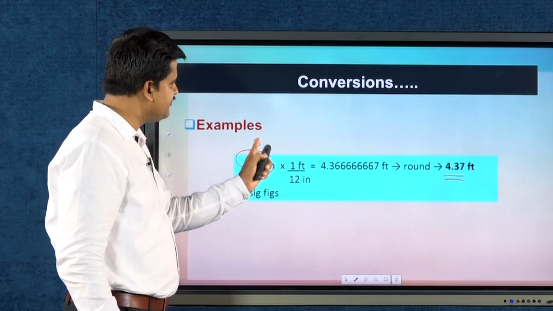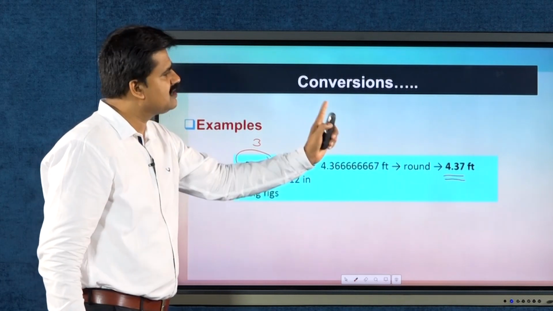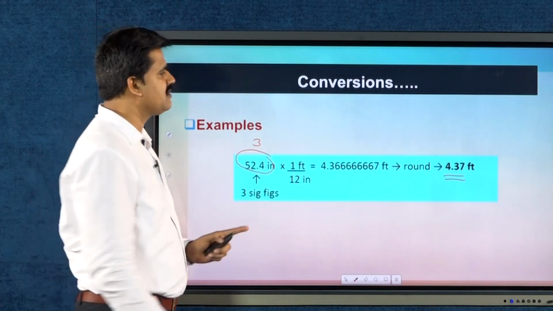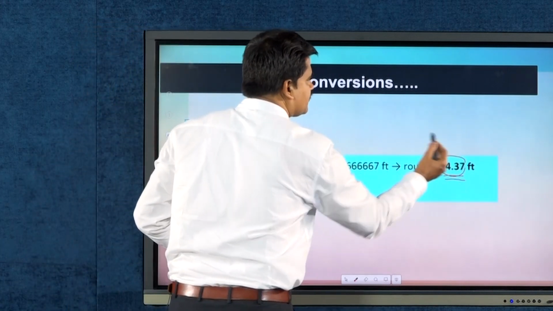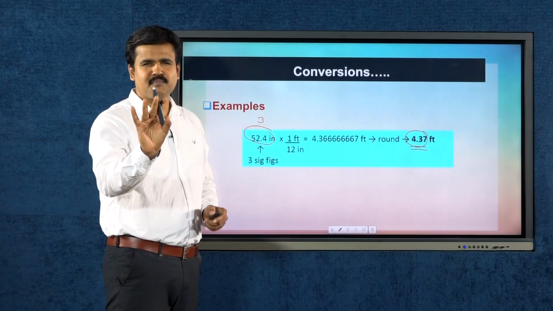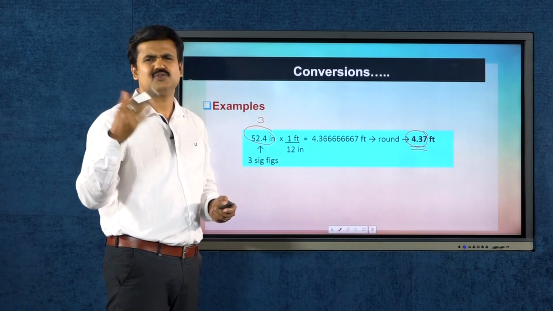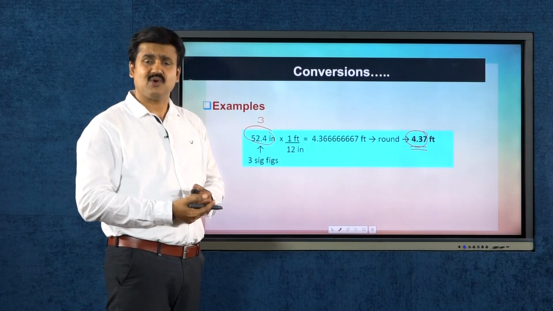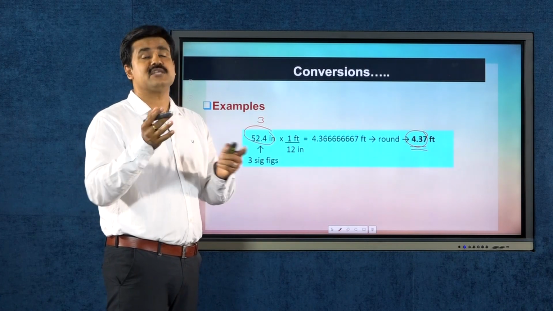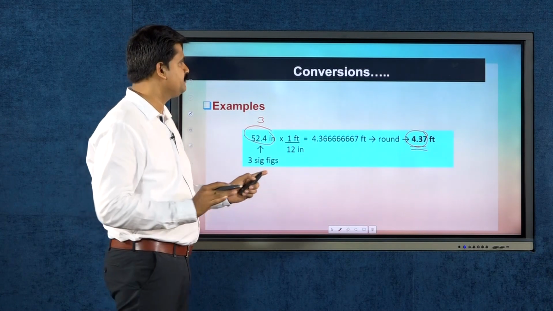When inch is converted to feet, that feet also contains 3 significant figures. That is the final quantity. This simply you have to keep like this. You can use any unit to express a particular quantity. Changing the units will not alter the total number of significant figures.